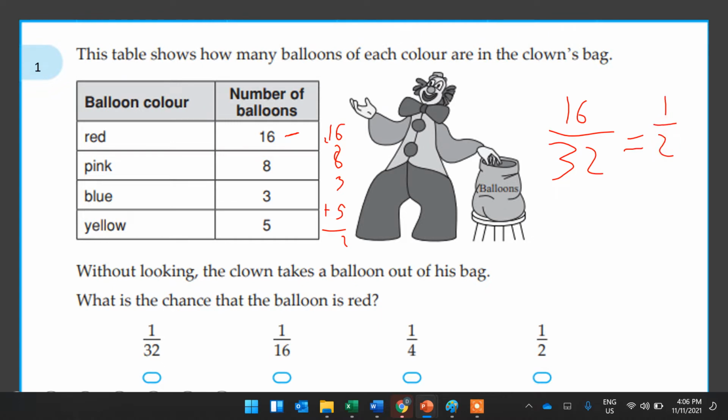If you didn't know about dividing by 16, you can just divide by 2 till you get there. And then 1 out of 2. Either way, 1 out of 2 is your answer. Pat on the back if you got that one right.